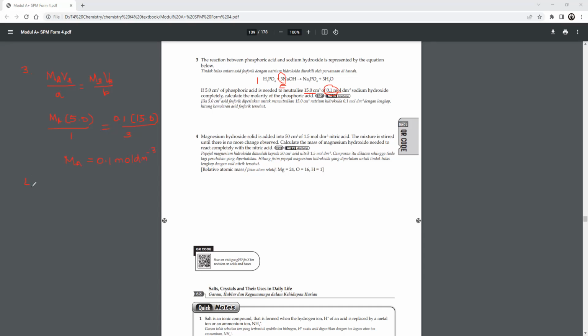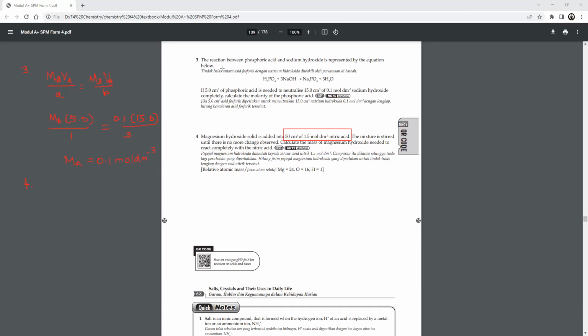Okay, number 4. Try number 4. I help you, you try. Magnesium hydroxide solid is added to 50 cm cube of 1.5 mole of nitric acid. Magnesium hydroxide solid is added to this one. This one you cannot use the formula already.